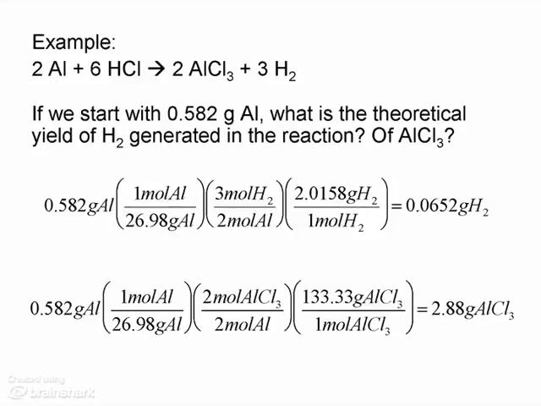So carrying the multiplication and division through, we see that we generate 2.88 grams of AlCl3 in this reaction. These are the types of questions that you're going to solve in this lab. So make sure you know how to do them, and if you need any extra practice, feel free to see me in office hours.